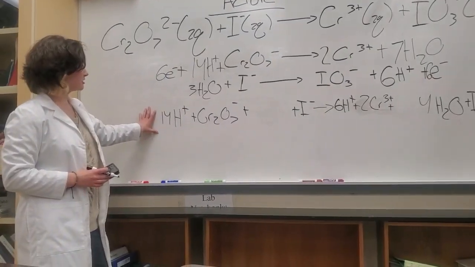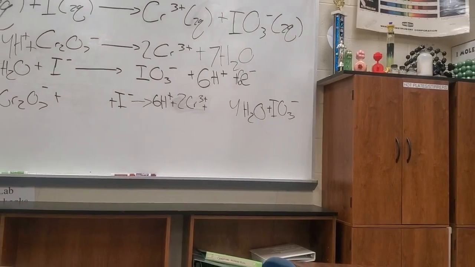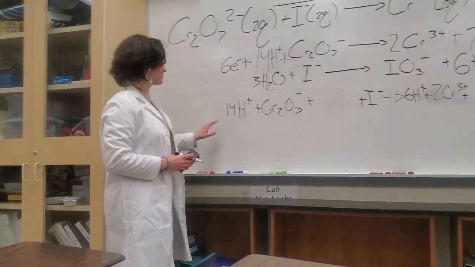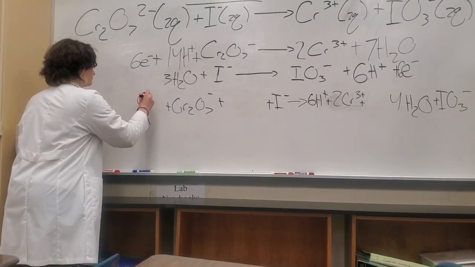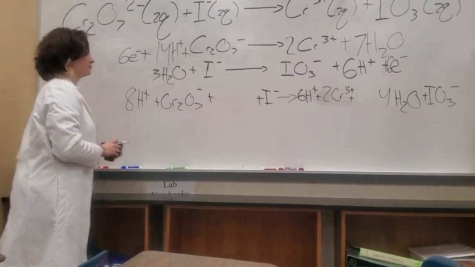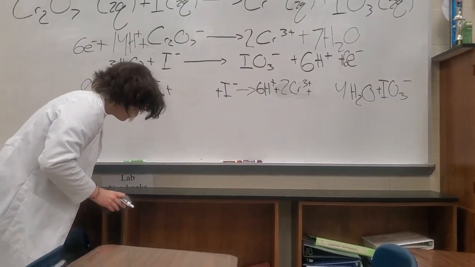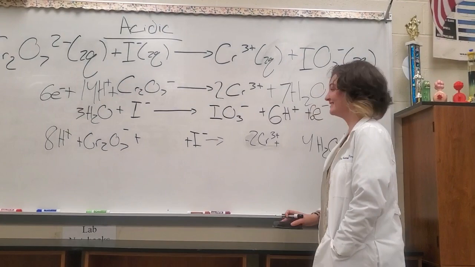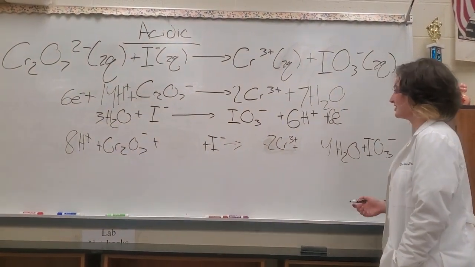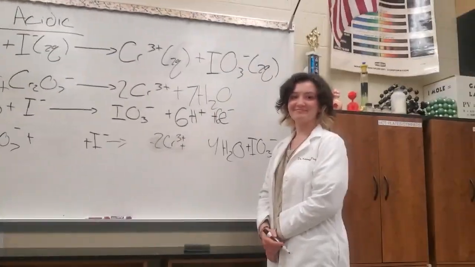There's 14 hydrogens on this side and 6 on this side. To balance it, we'll take 6 from the 14, and 6 from this side. Now our reaction is balanced.